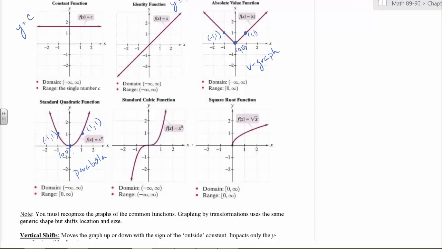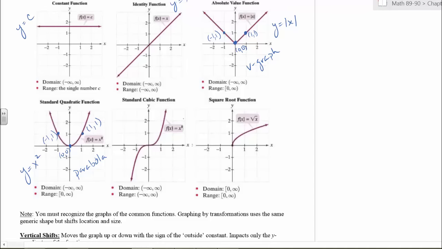So how do you know you have a V graph? Well, you're going to have literally absolute value bars in the graph, where a parabola, you'll just have the highest exponent be 2. So these are the simplest versions of the absolute value graph and the quadratic or the parabola.